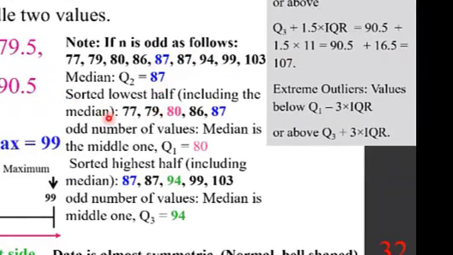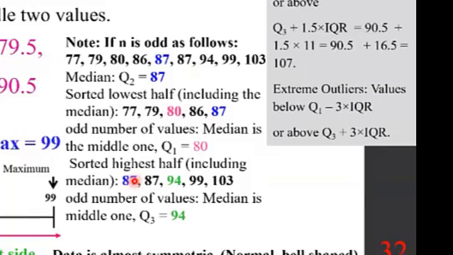Now, what about Q sub 1 and Q sub 3? We cut this into 2 pieces. There are different approaches, but the main approach is to include this median, or Q sub 2, with the bottom half as well as the top half. So if we keep it with the bottom half, Q sub 1 becomes 80.